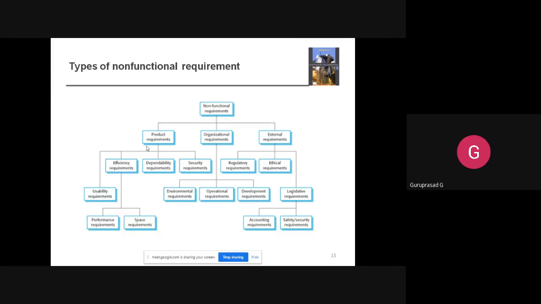You see the classification top to bottom, a top-down approach. This is the collection of the non-functional requirements, starting from the three major classifications, namely product requirements, organizational requirements, external requirements.